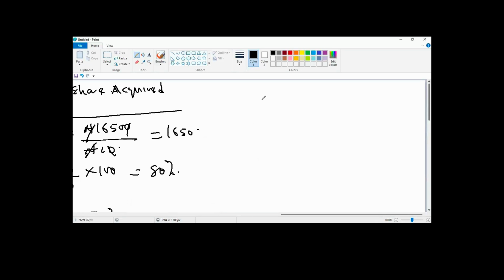So look at the cost of investment. We can acquire a subsidiary, one, we pay cash payments.